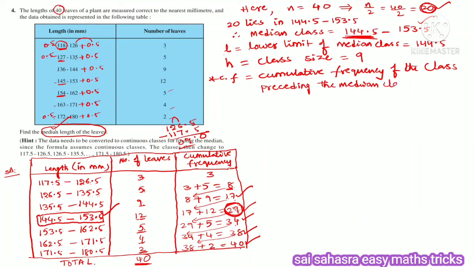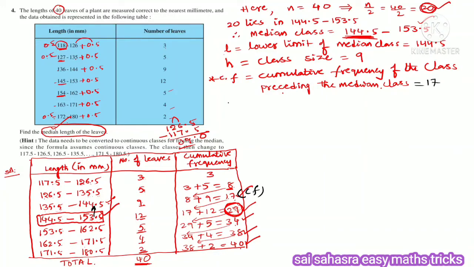The words are telling us median class preceding class. The median class preceding class is this one. In this one CF is what? This 17. Median class preceding class cumulative frequency is 17. This is CF. So CF value will be 17.